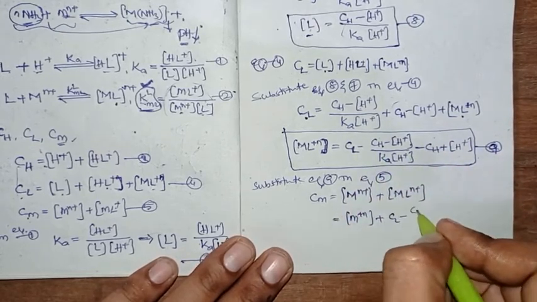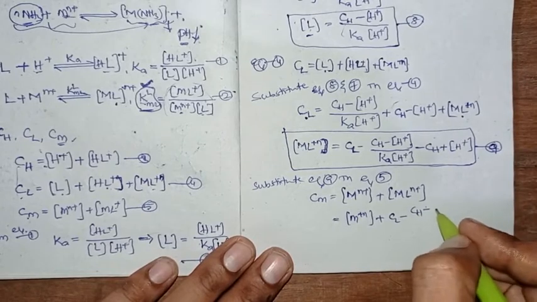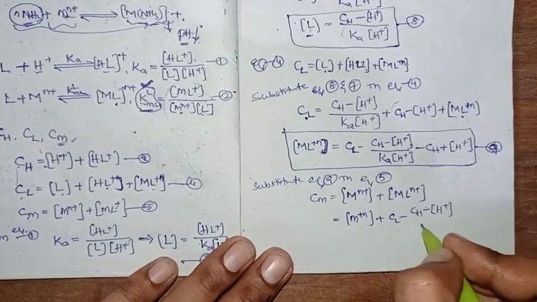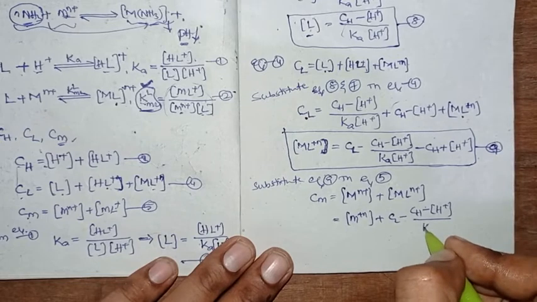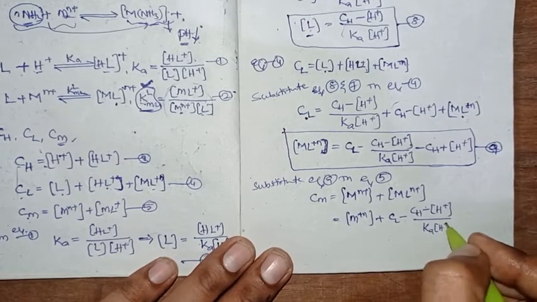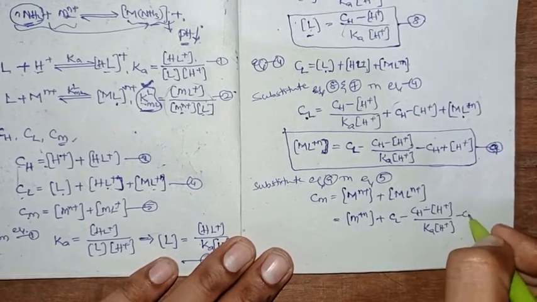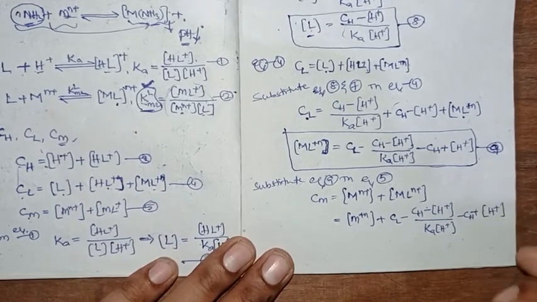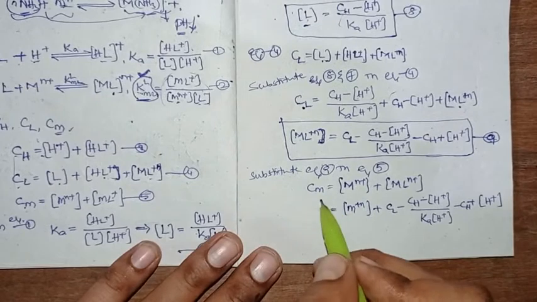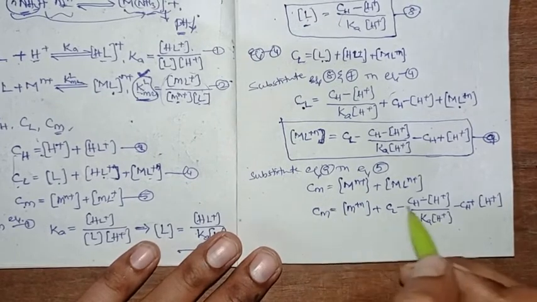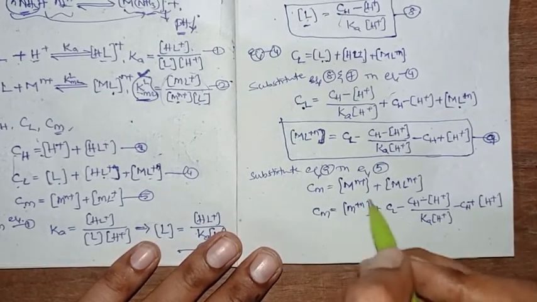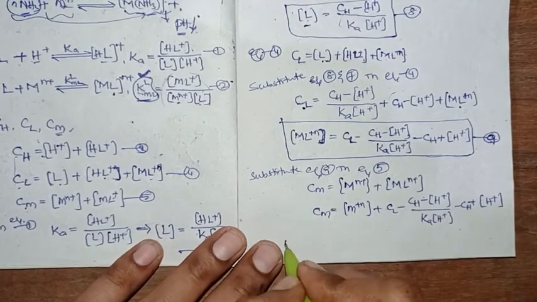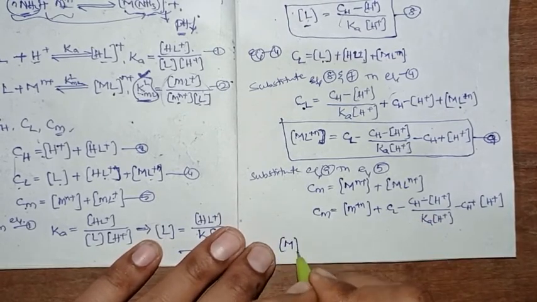Cl minus Ch minus H plus divided by Ka into H plus, minus Ch plus the proton concentration, right? Here the Cm is known to us and all these are known to us, the unknown is this one. So writing the unknown term in known terms, right?